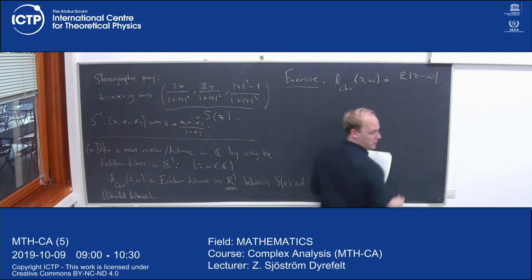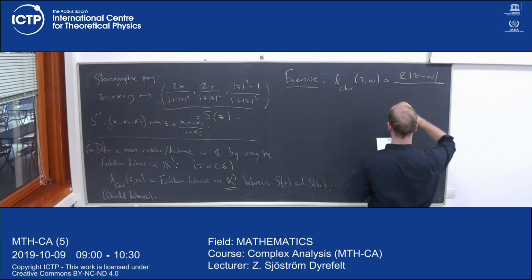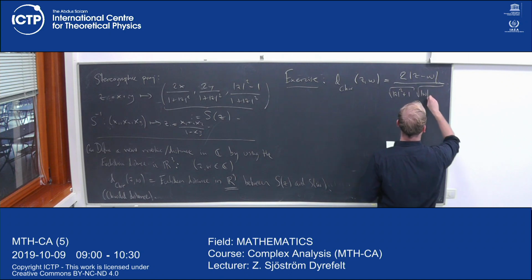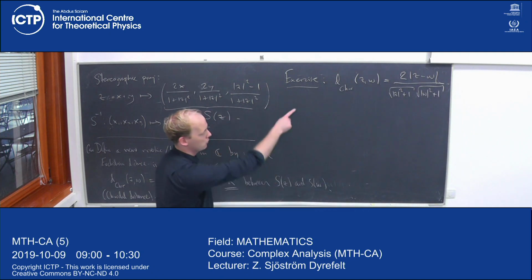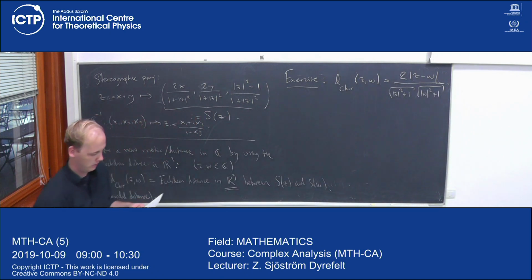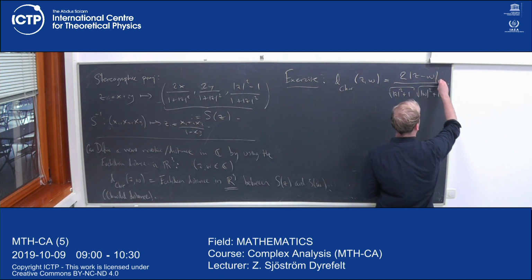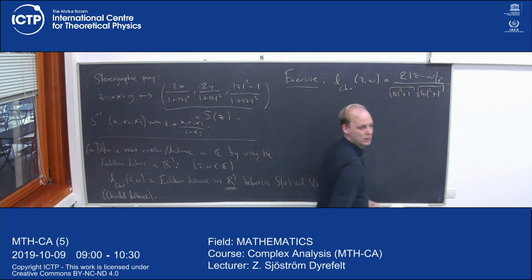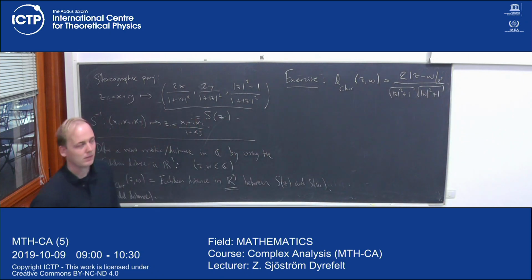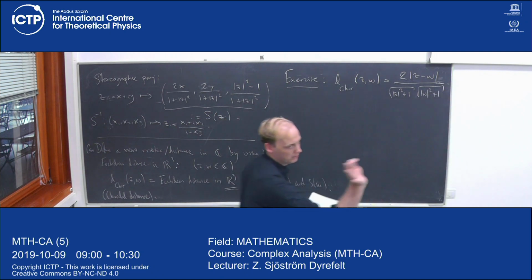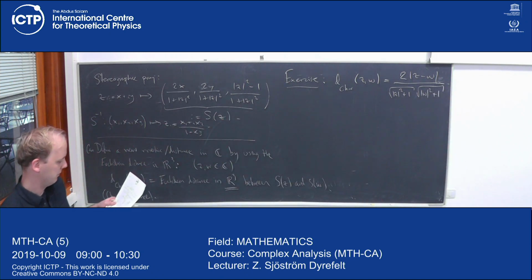The definition is what I just wrote, but there is a convenient formula, and it is equal to this: 2 times the absolute value of Z minus W, over the appropriate normalization. And these absolute values are of course now the Euclidean distance in R2. Sorry, R3, R2, it's the same. That was stupid. Yeah, it's in R2.